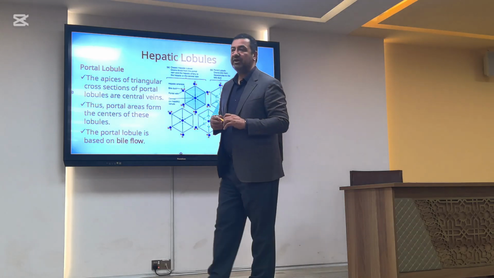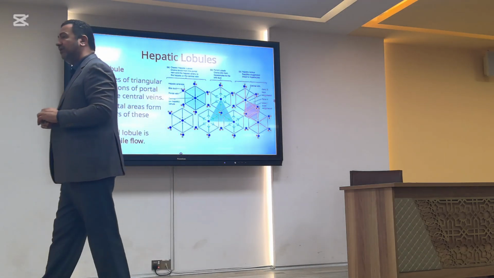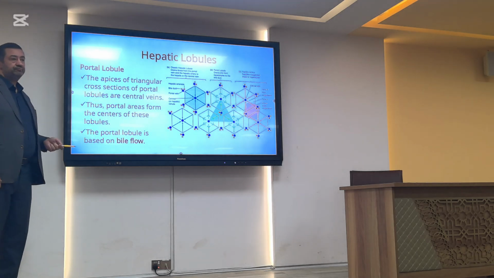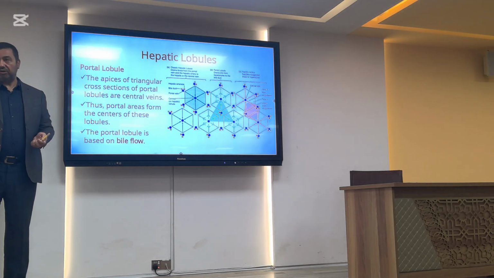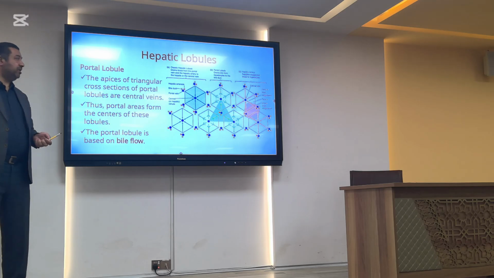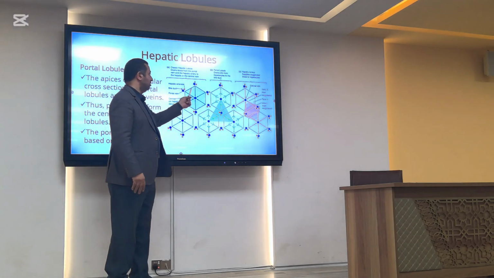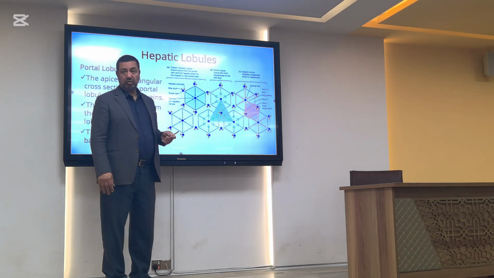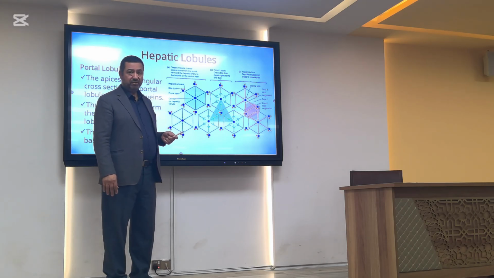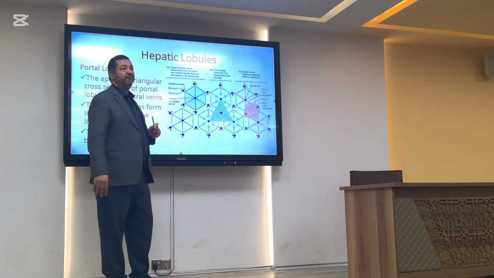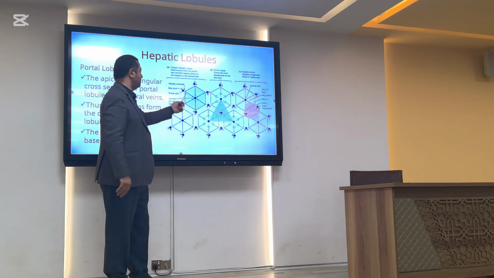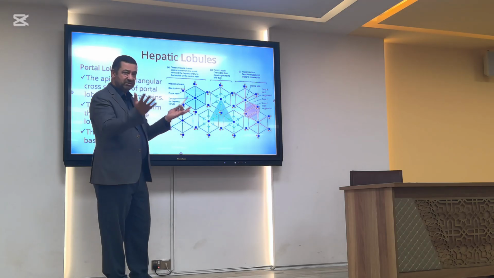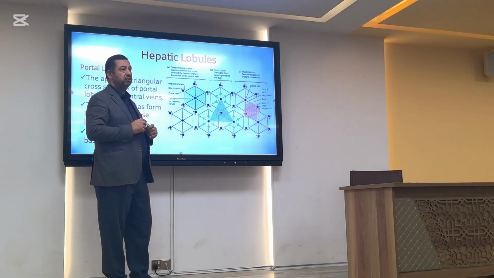Another classification of the lobules in the liver is called the portal lobule. If you remember, I told you classic lobules are hexagonal, with the central vein in the center and portal areas around this classic lobule.